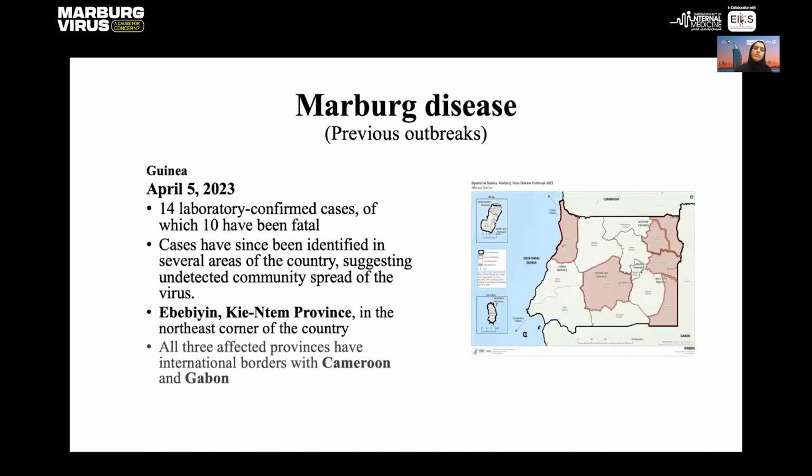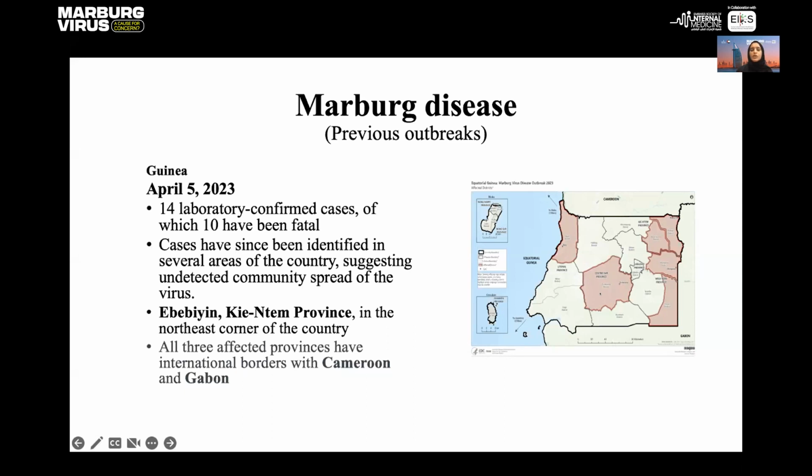But by April 5th, which is the latest according to the WHO, 14 lab confirmed cases and 10 have been fatal so far. So when you look at Guinea, it's not only the number of cases, but also the districts that have been infected.